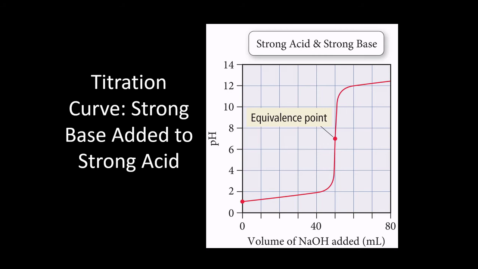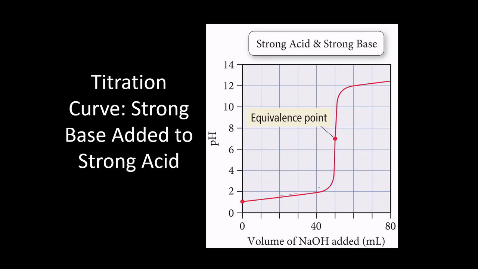So here's one of those graphs I was telling you about. So we have our strong base being added to a strong acid. So the equivalence point, which is the inflection point here, for those calculus fans out there in the group, this is where the sign of the first derivative of the curve goes from being positive to negative. So up to this point, the first derivative of the function that describes this curve was positive.